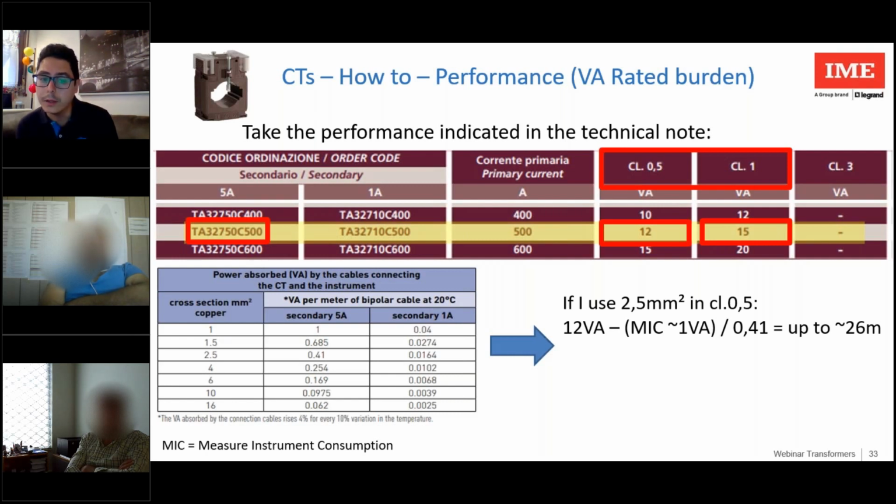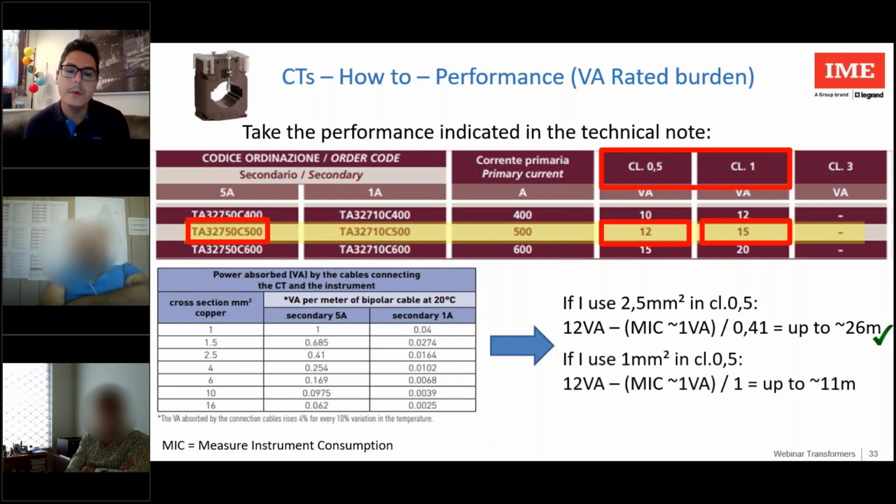I have to reduce the measurement instrument consumption that I see is more or less 1 volt amp, and divide it by 0.41. So I can go from the instrument to the current transformer up to more or less 26 meters. So yes, I can use this.